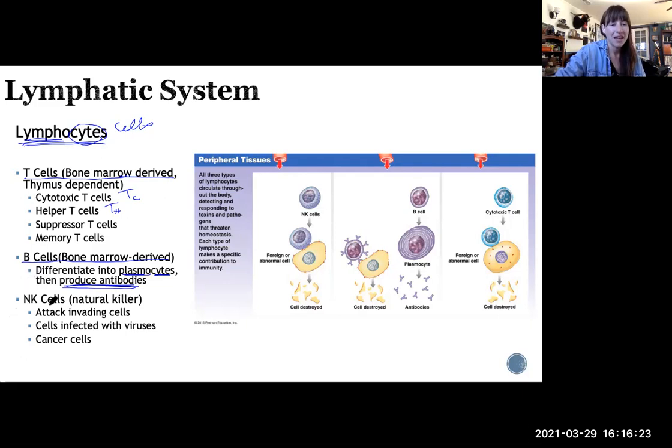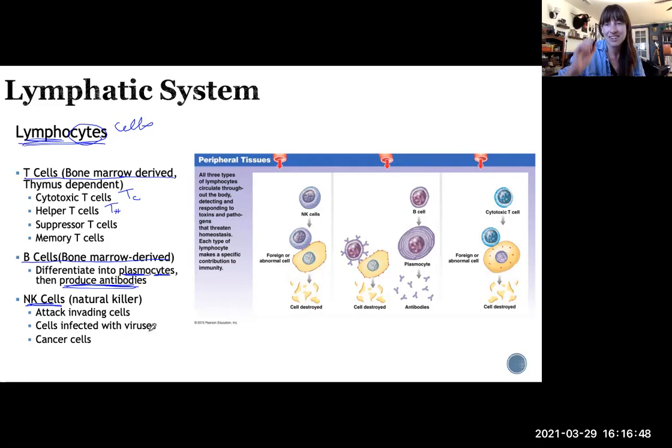And finally, natural killer cells. I want to call them natural born killer cells, but they're natural killer cells, or NK cells if you want to be boring about it. These guys are kind of like roving assassins that go around and attack anything that's not recognized as self. So they go around and attack invading cells as they find them throughout the body.